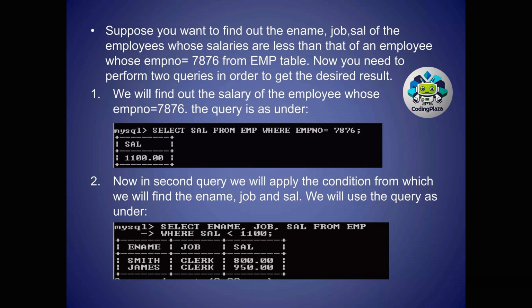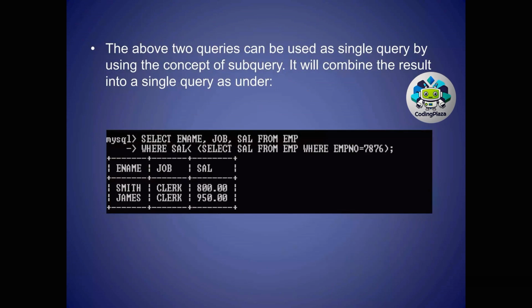Sometimes what will happen is that others also have 1100. For that, we have to use a subquery. So select employee name, job, salary from employee where salary is less than the subquery, in open and close braces.